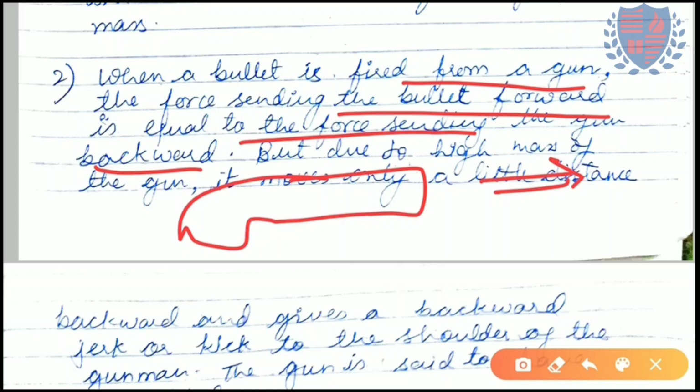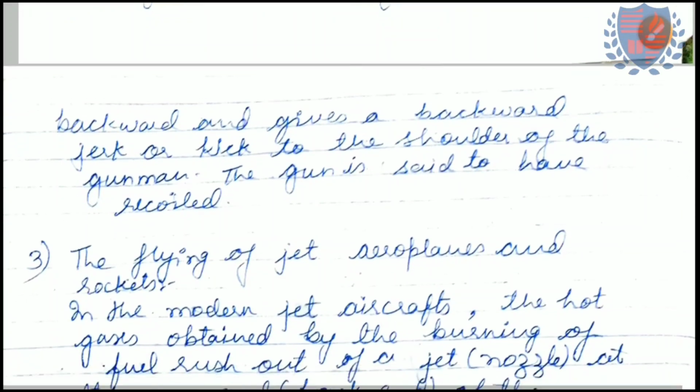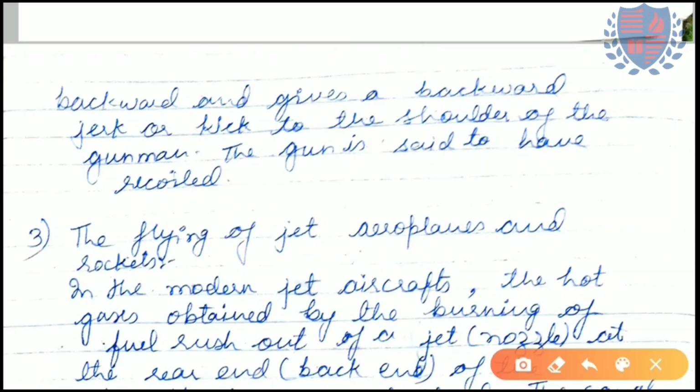As soon as the bullet moves forward, to maintain the equal and opposite reaction, the gun will get jerked, and this process is known as recoil. The gun is said to have recoiled.